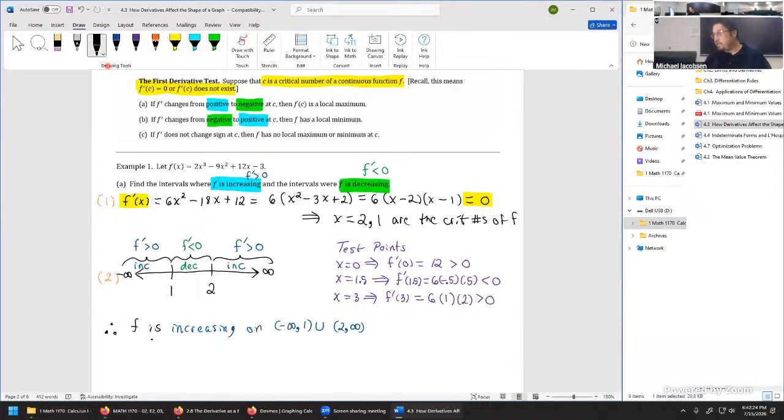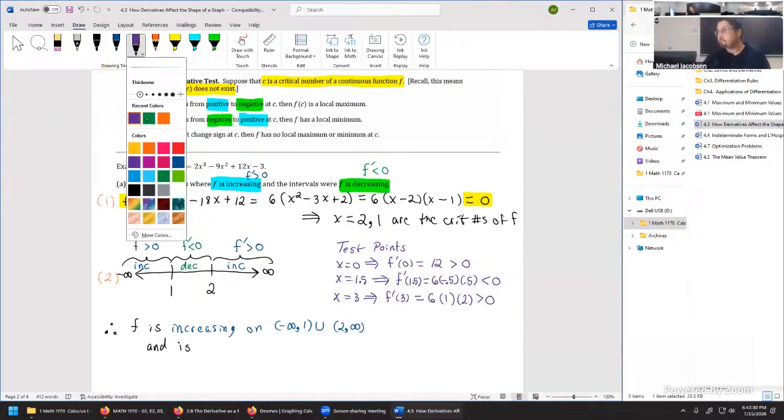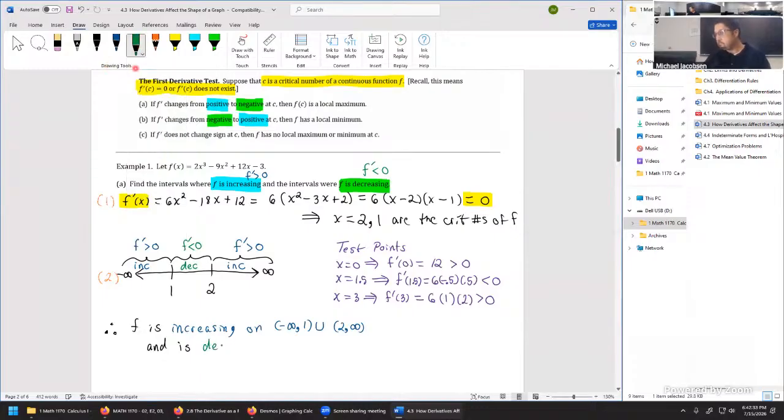So that's the increasing range, or domain rather, and it is decreasing on just this finite domain, from 1 to 2.